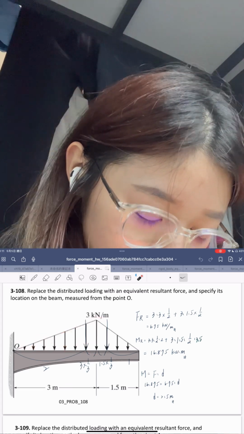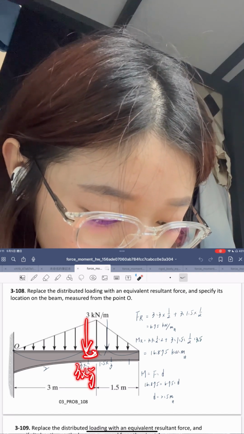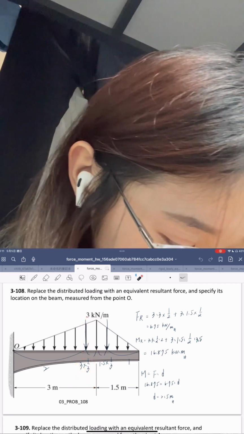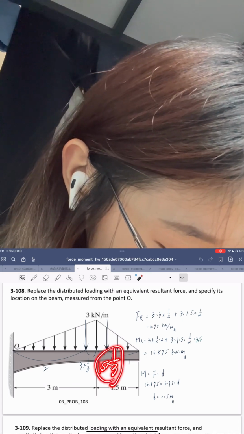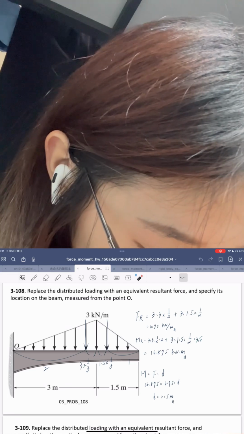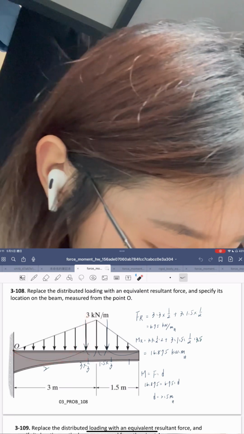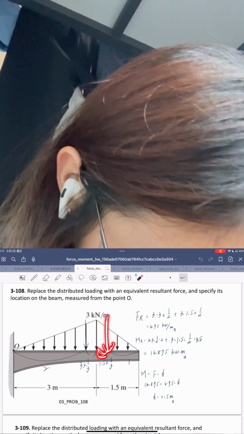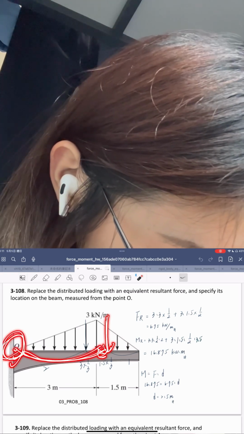Just like the teacher said in class, the distance here is 3 multiplied by this, and here 1.5 multiplied by this. Because the force is here, this has 2 meters. Because we measure from O, here is the distance.